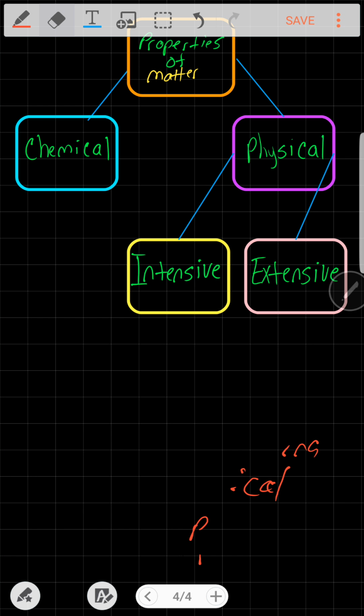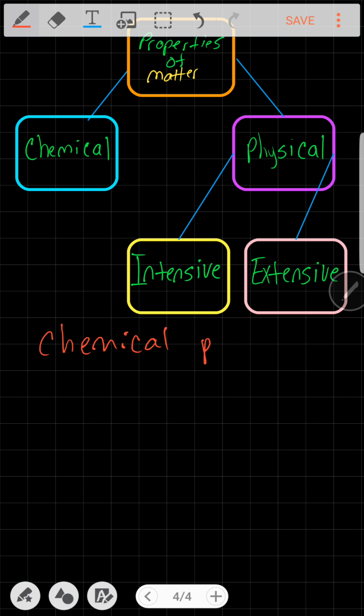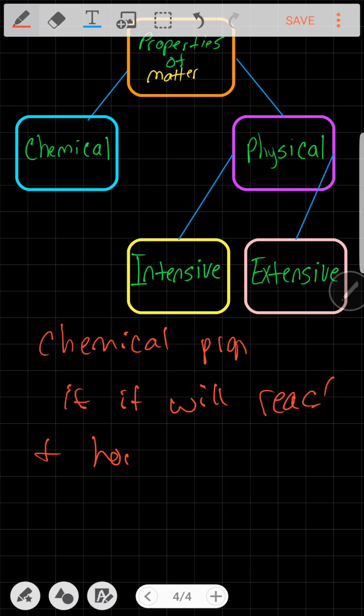The list of chemical properties is a lot shorter than the list of physical properties. All a chemical property is really saying is if it will react with something else, and how it will react.